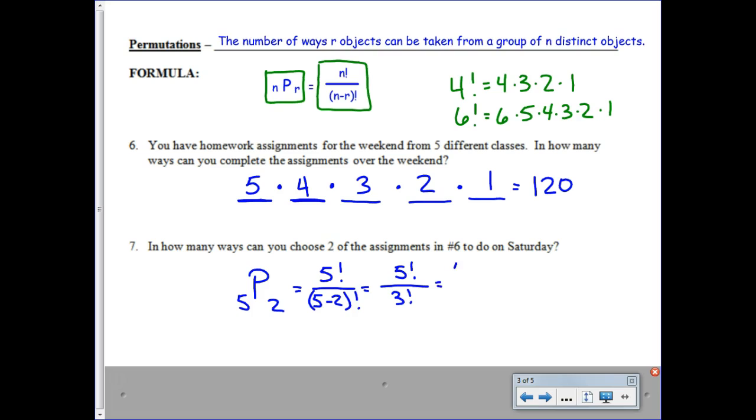If I write this out, I have 5 times 4 times 3 times 2 times 1, but 3 factorial is 3 times 2 times 1. So these all cancel, and I'm left with just 5 times 4, which is 20 different ways.